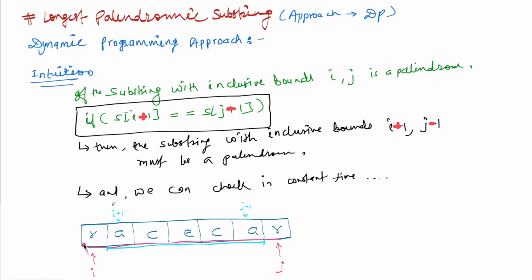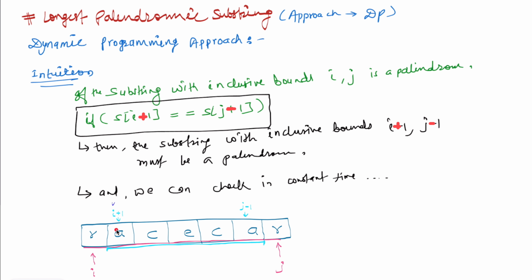If the range from i to j is a palindrome, then i plus 1 to j minus 1 is also a palindrome, because if the first and last characters are the same, we check the second ones and shrink the window.